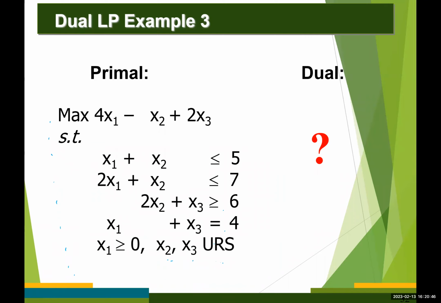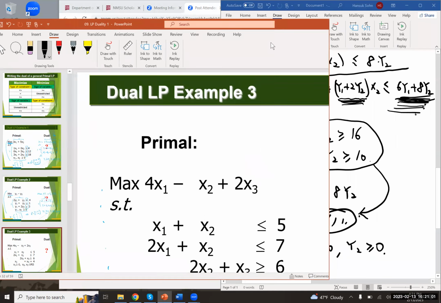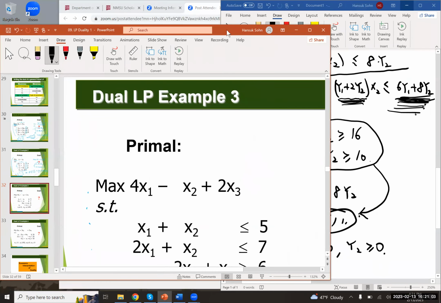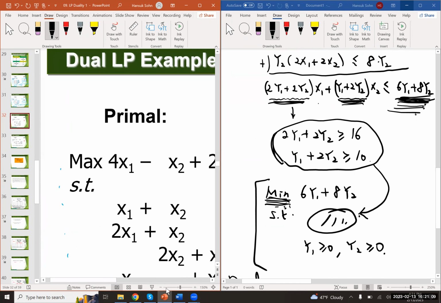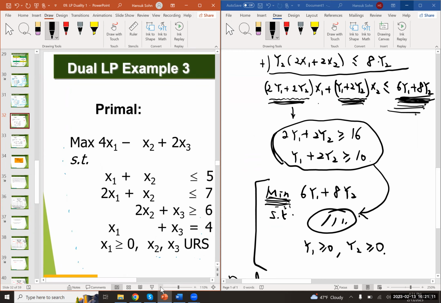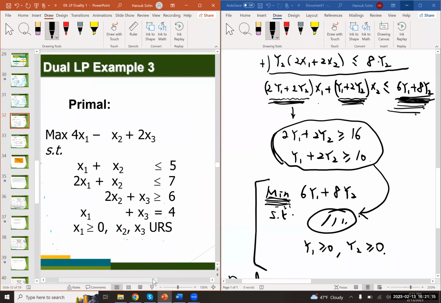So in this case, we are going to use the conversion table. So I'm gonna split the screen in half, and then zoom out just a little bit.